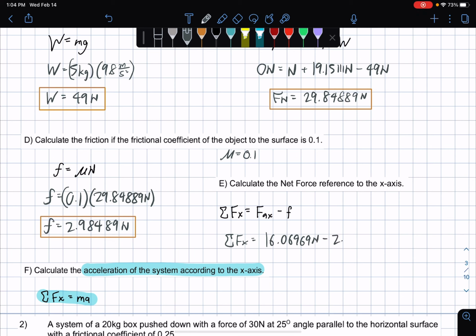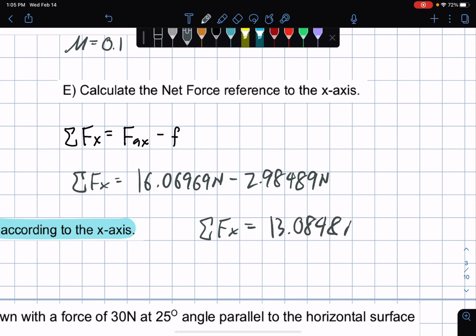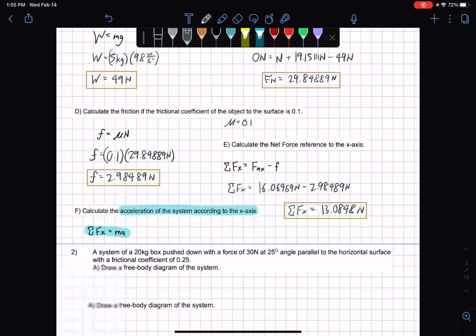What is the friction? 2.98489 newtons. So summation Fx is equal to what? It's equal to 13.0848. It's a positive value. Therefore, the object is definitely moving. The push force or the applied force is greater than the force of friction.